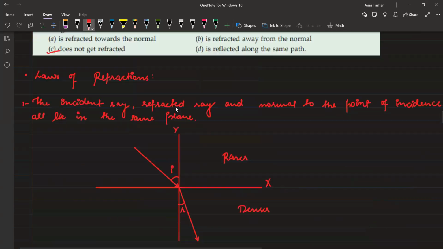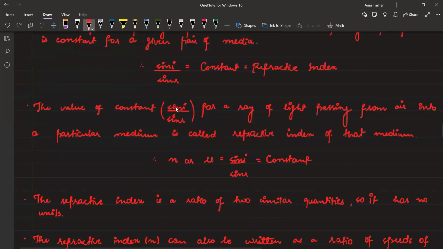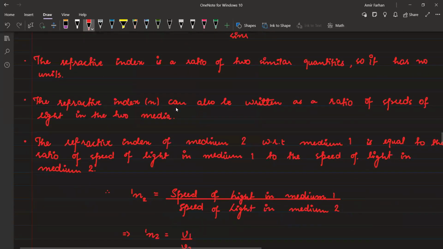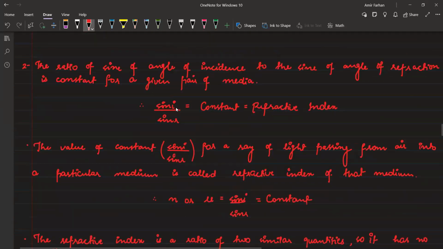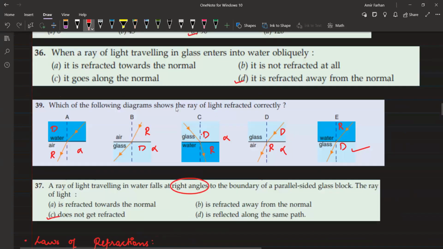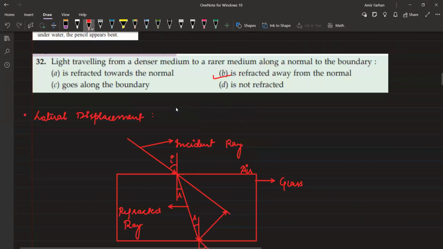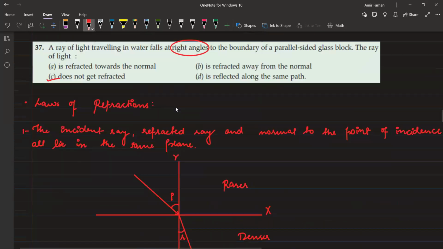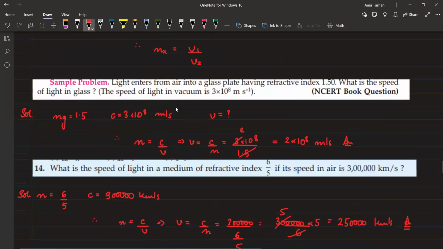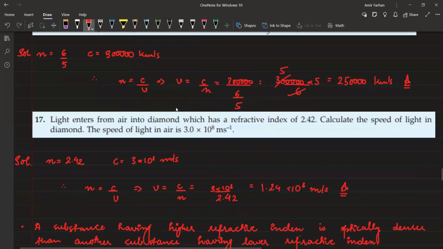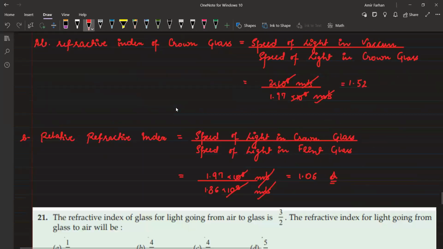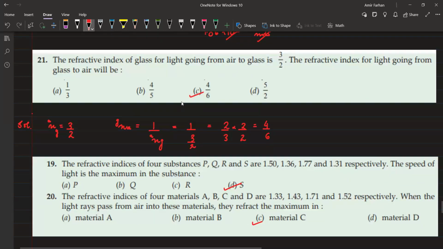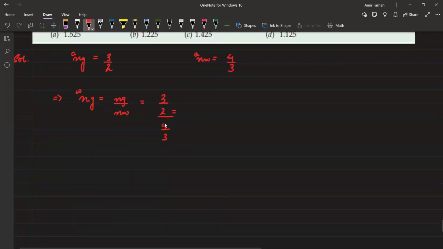Maybe I've written that in question 21. Which one is question 21, Nabila? Sample problem 21. Okay. So that is not it. This is the opposite. This is the inverse. I just marked that.